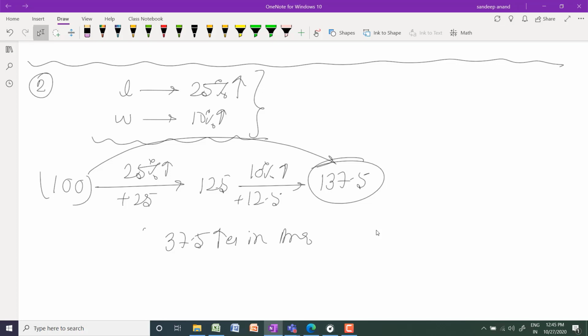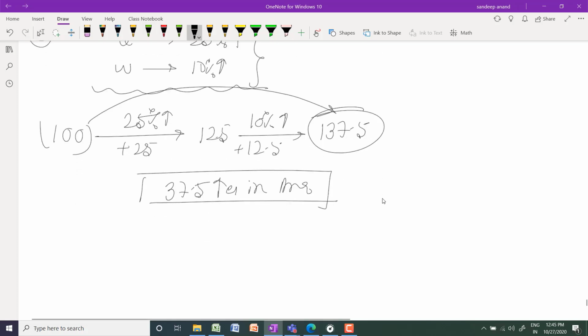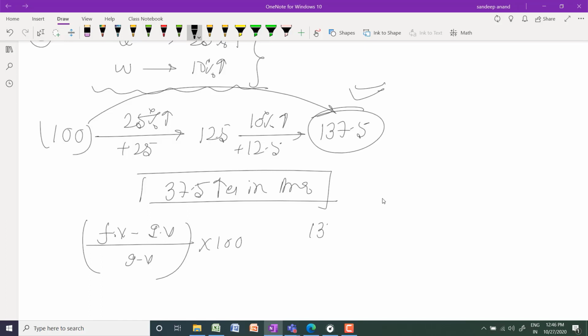Otherwise, if you want to calculate the percentage change, you need to write final value minus initial value, divided by initial value, into 100. The final value is 137.5, minus the initial value 100, divided by the initial value 100.